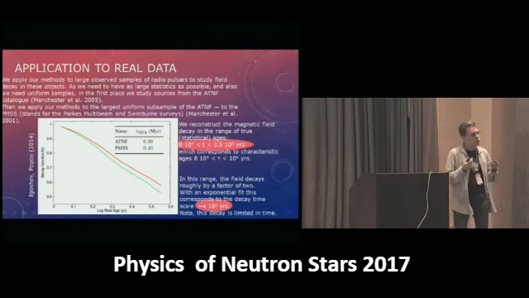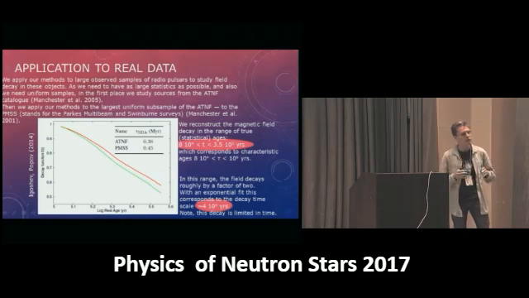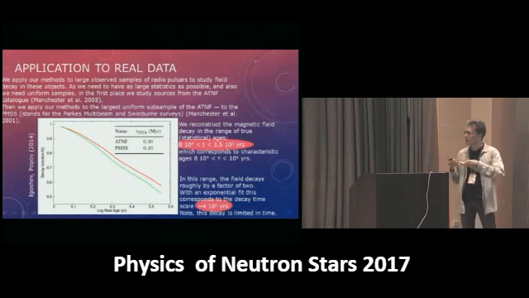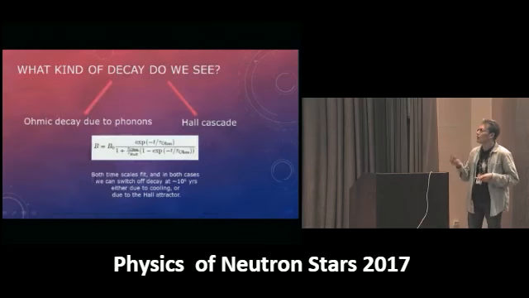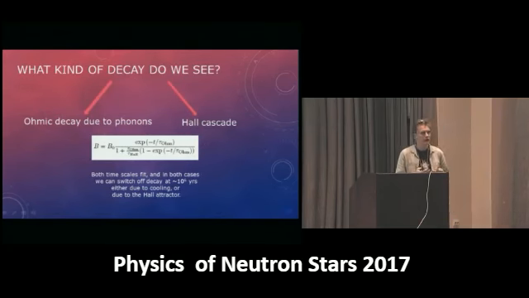And then, of course, we cannot continue this decay for a longer time scale, because then pulsars would disappear and the P-Pdot diagram would look significantly different from what we have. So we have to stop field decay somewhere here at the age of about 1 million years at most. And that's an interesting thing, how to do it. It depends on the answer to the question what kind of decay we see.